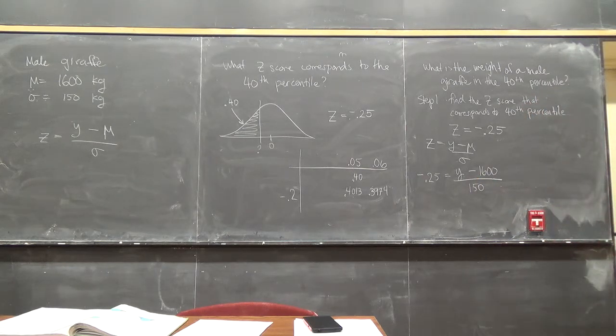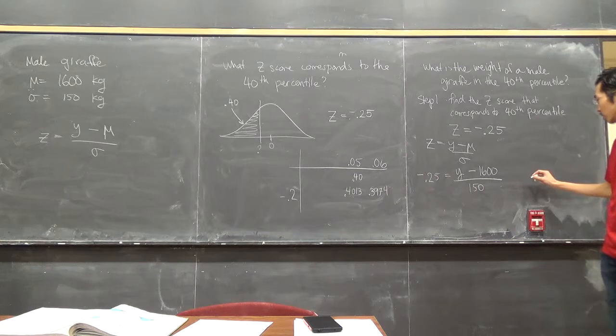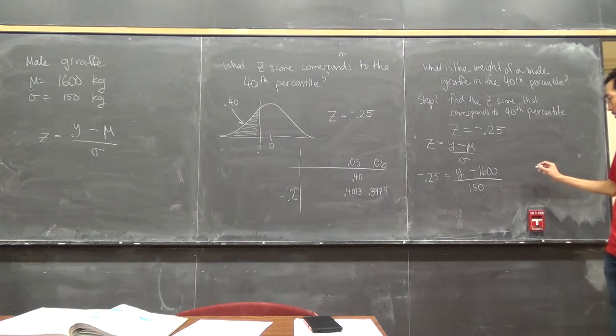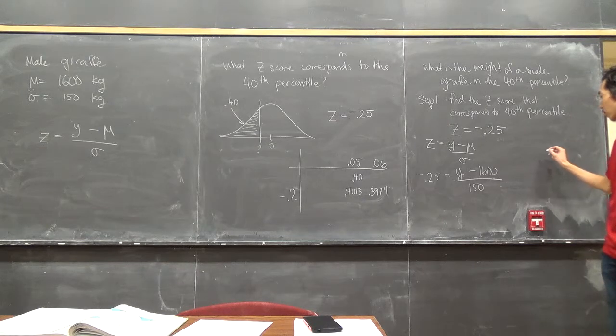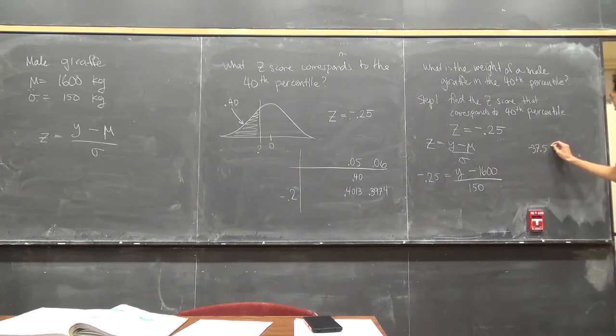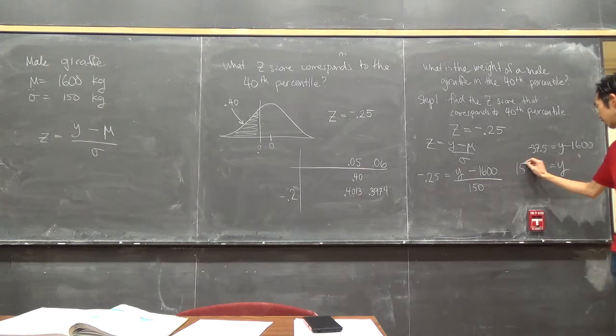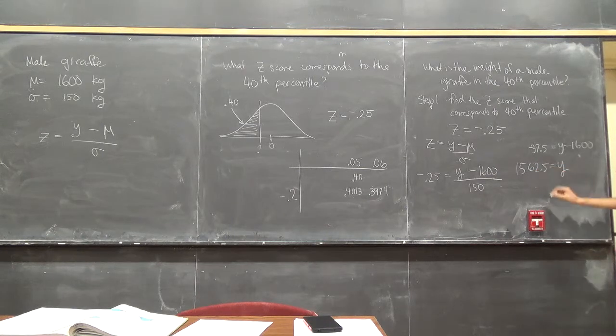We solve for it, multiply both sides by 150. What is this? 37.5. Negative 37.5 is equal to y minus 1600, so we get y is equal to 1562.5. Is that right?